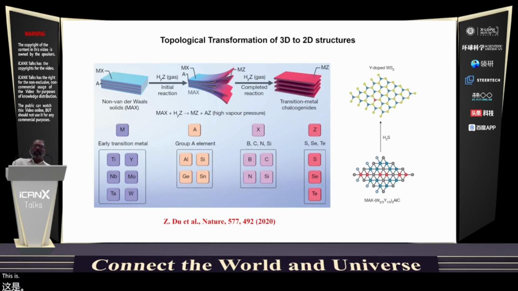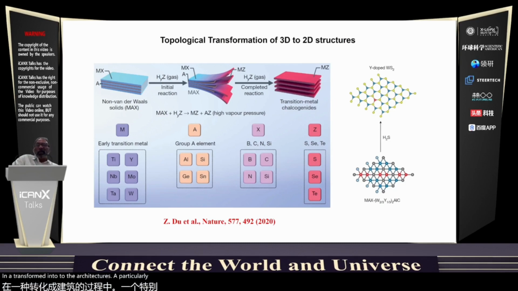There are also some very unique ways of creating 2D materials. This is another recent example, from a group in Beihang University, collaborating with us, trying to see how some of the 3D structures could be transformed into 2D architectures.